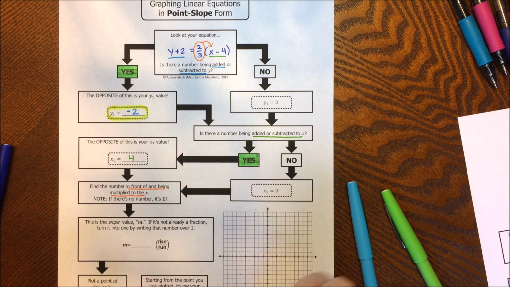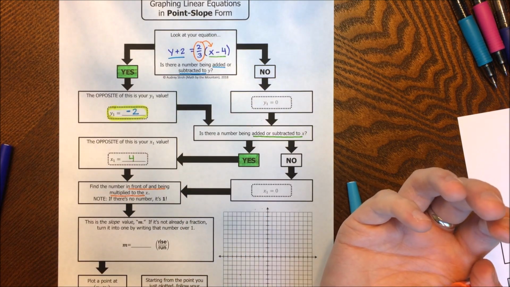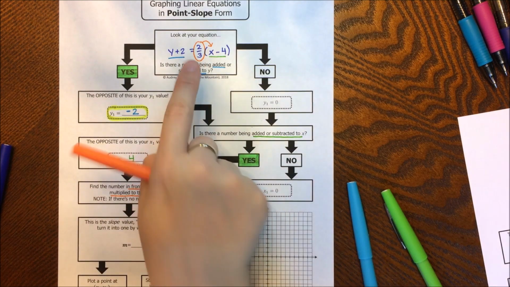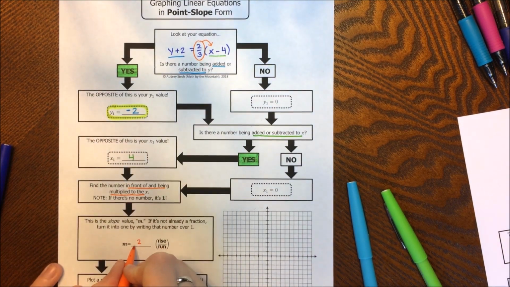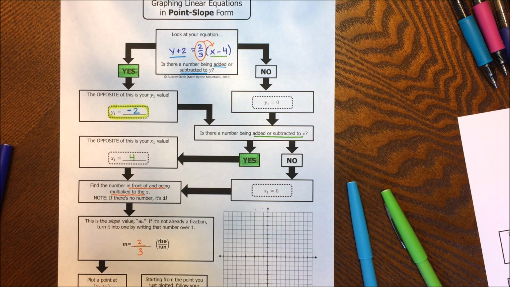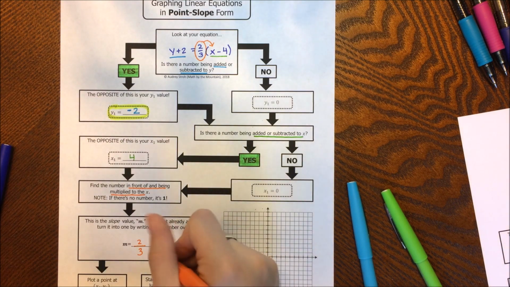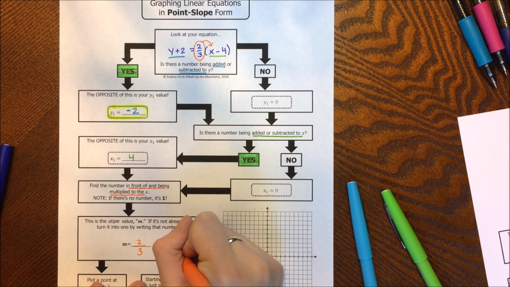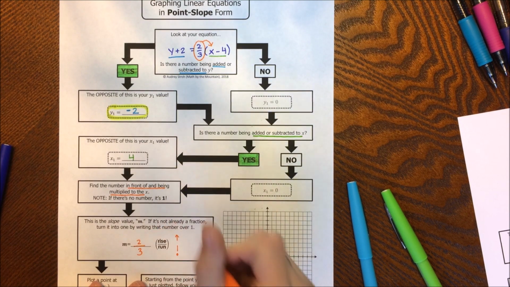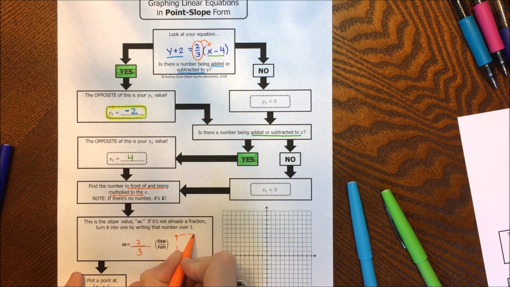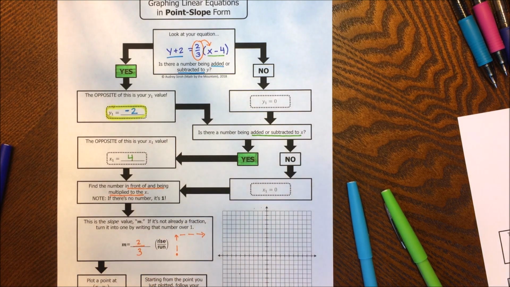If it's not already a fraction, we'd turn it into one by writing that number over 1, but lucky us, 2/3 is already a fraction. And of course, slope represents the rise over the run. So this says wherever we start, to get another point, we can go up 2 spaces and then forward 3 spaces. And that can allow us to find more points.